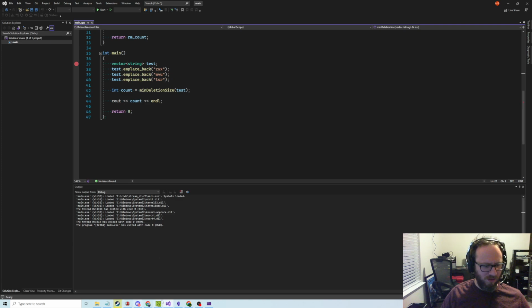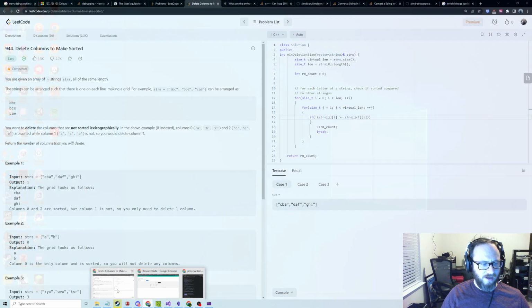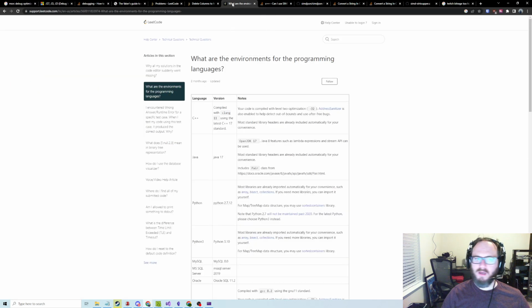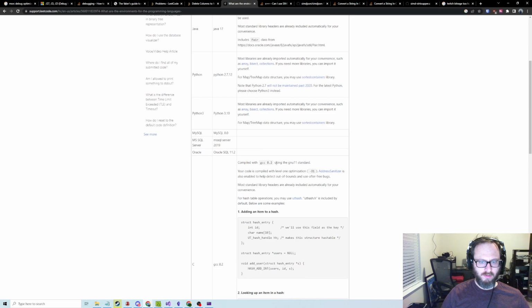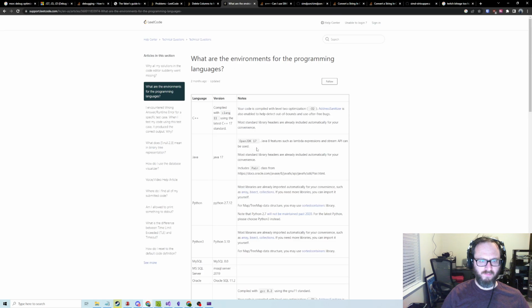The follow-up I looked up is, on LeetCode, when you are using C++, how is it compiling that? According to their documentation on support LeetCode, they're passing in the O2 level optimization, and C++ is compiled with Clang.